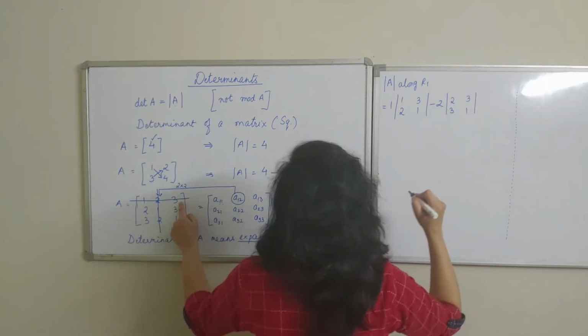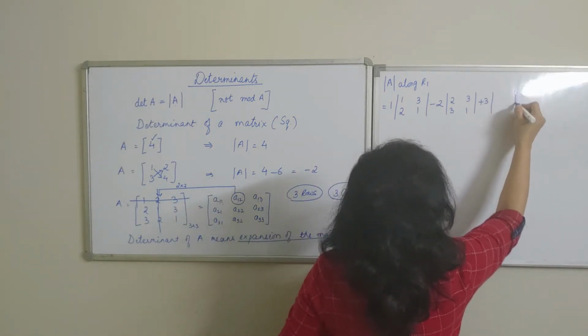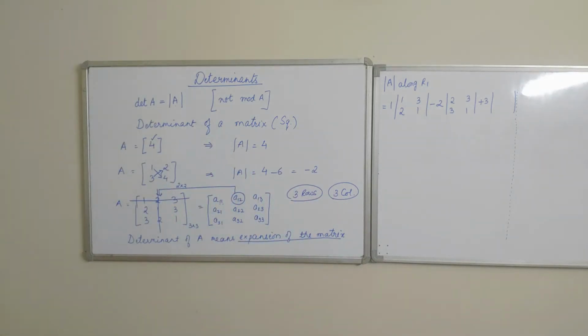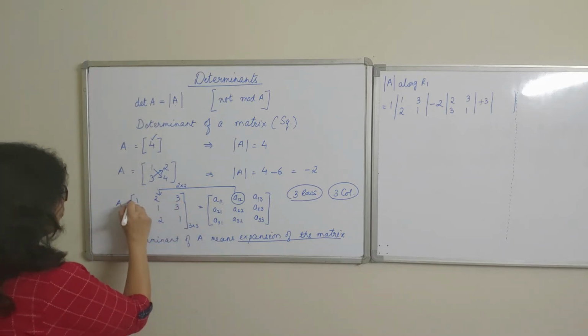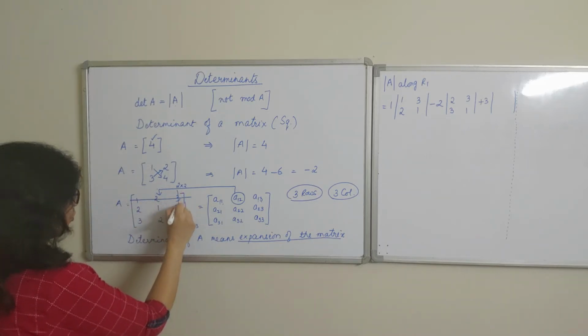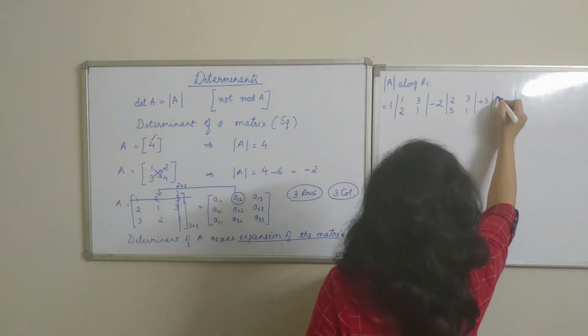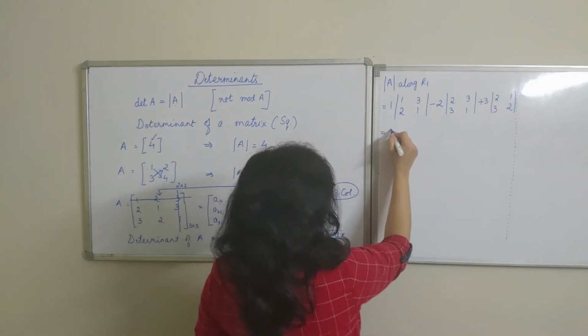The last element of the first row is +3, to be multiplied by some determinant. If we are finding out the determinant corresponding to this element, the element present in the first row, third column, the remaining elements left are 2, 3, 1, 2, and simplify further.